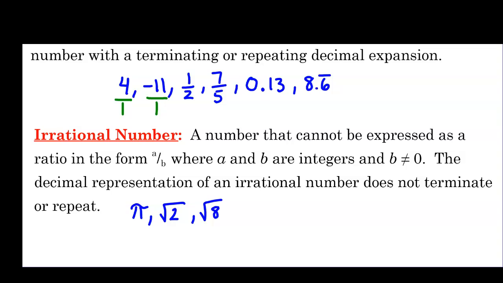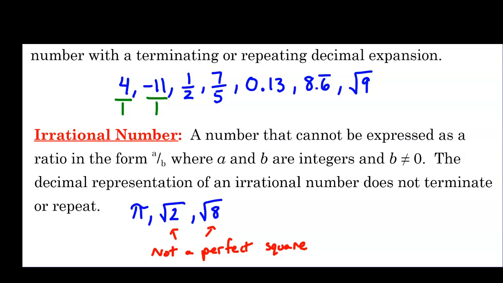So let's make note here. Not a perfect square. If we have a square root expression where the radicand is not a perfect square, we would classify it as irrational. So if we go back up to our list of rational numbers, let's add the square root of 9. 9 is a perfect square.